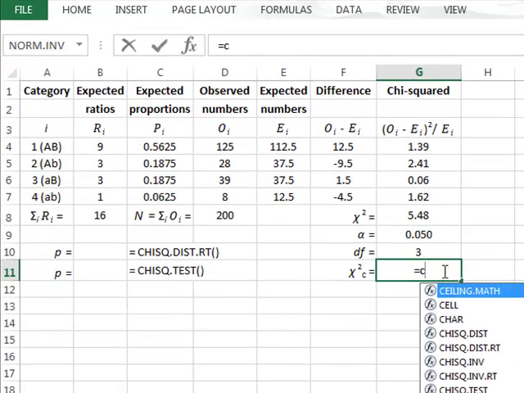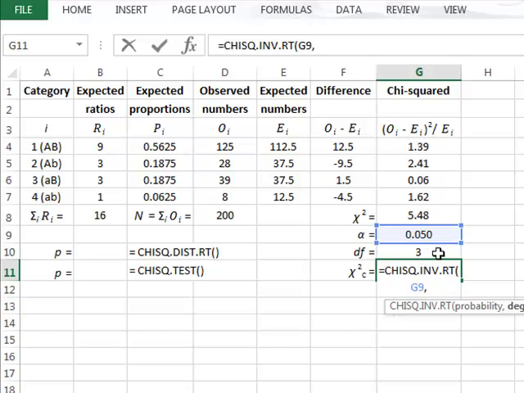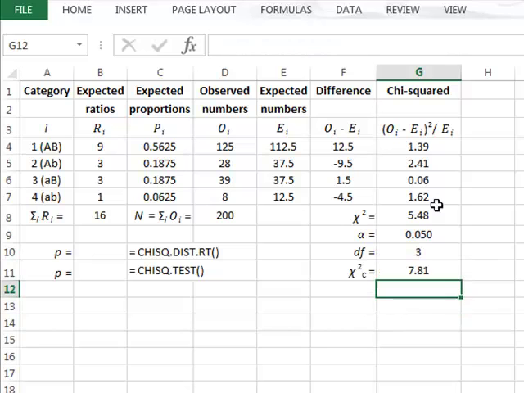And because we are performing a one-way test, testing whether the chi-squared value is larger than expected, we will choose the upper or right-hand probability part of this distribution, and we enter the probability, which is the significance probability in this case, and then the degrees of freedom, which are 3, giving us a chi-squared critical value of 7.81.